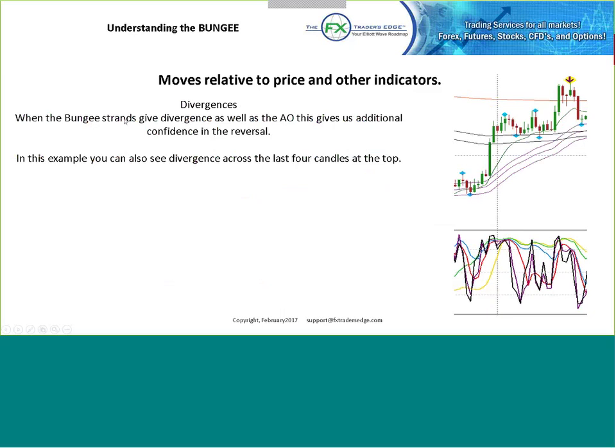So once you get awesome oscillator divergence, if you also have divergence on the bungee, and there's our new high, and there's a lower high on the red, and there's a lower high on the blue, yeah, divergence. When you see that, it gives you much more confidence in the turnaround, in the reversal of the market.